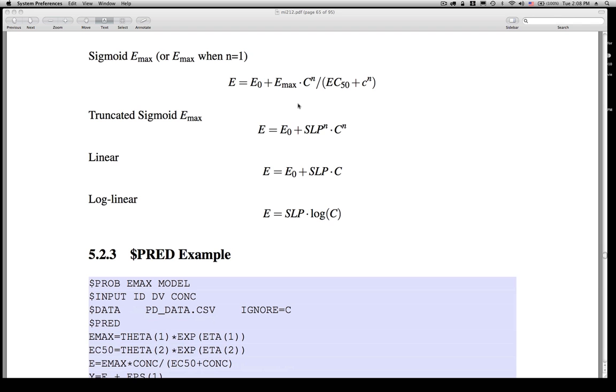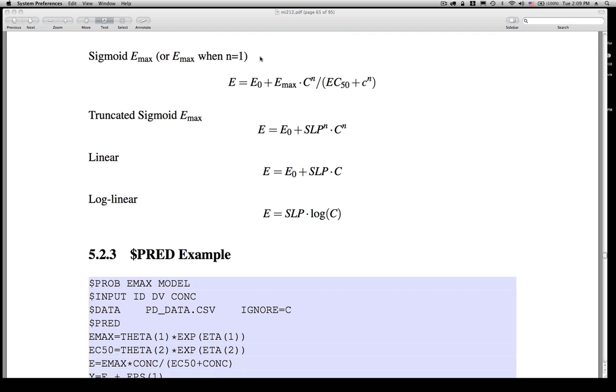But that same sort of binding isotherm can be used to describe drug target binding, and as well, more empirically, just the shape of exposure response relationships. And so that's really the basic case, for a single drug at a single receptor.